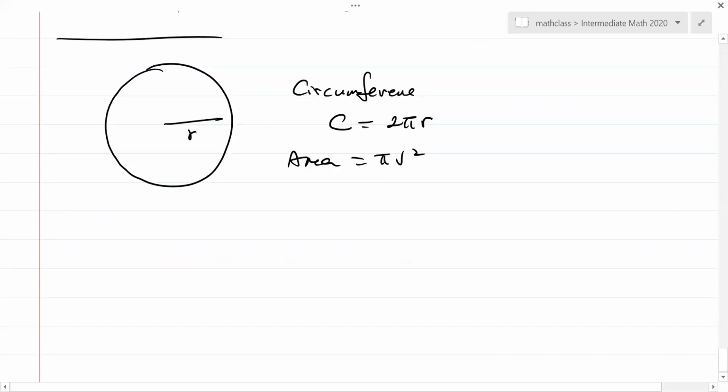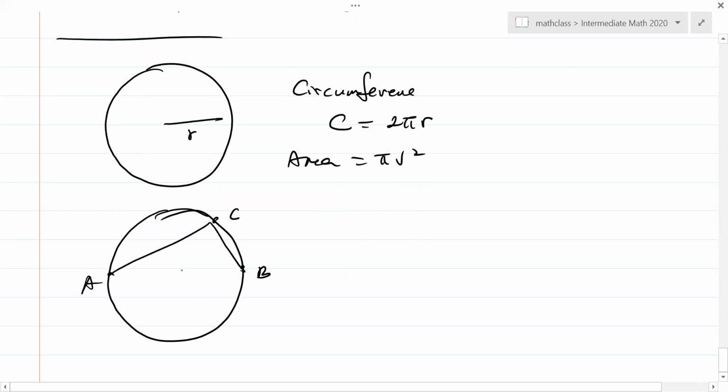Another important property probably you don't know. If you have 2 points and another point, this is A and B and C, I draw this. So the angle at C is 90 degrees if and only if AB is the diameter.